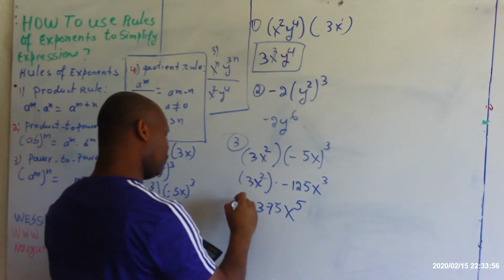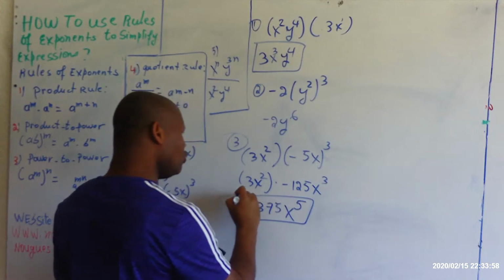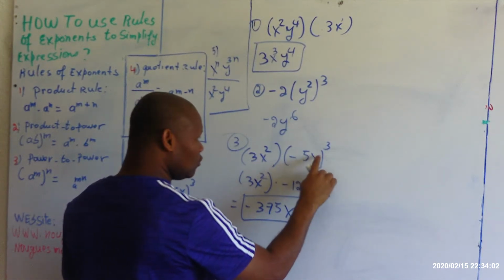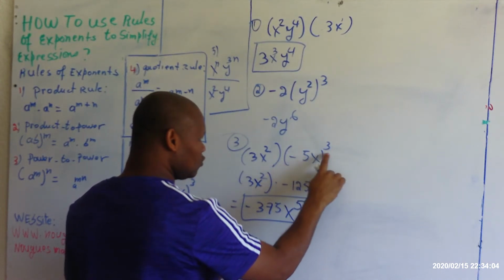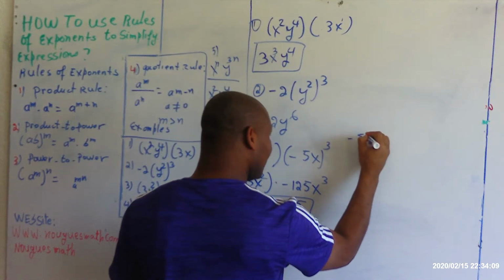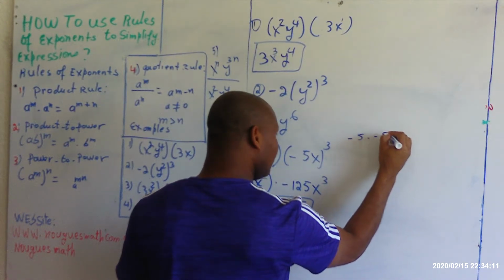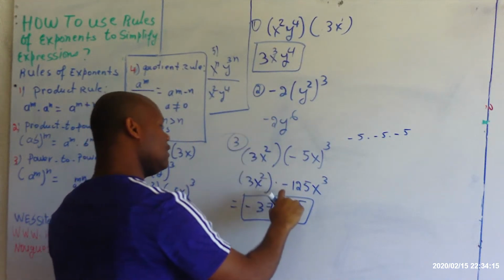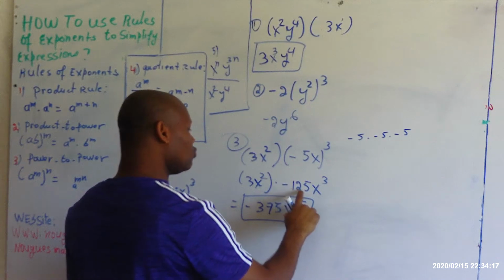Perfect. Okay, first thing you do, you check the coefficient raised to the power. The coefficient raised to the power, that's negative 5. That means negative 5 times another negative 5 times another negative 5. That will give you negative 125.